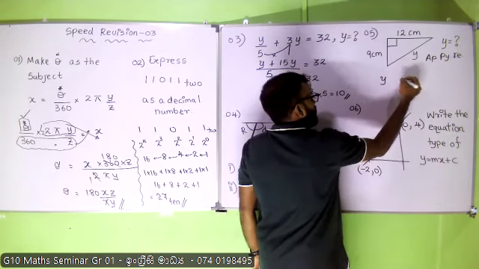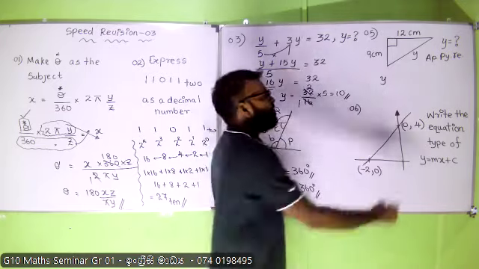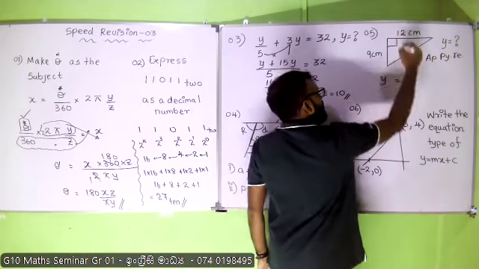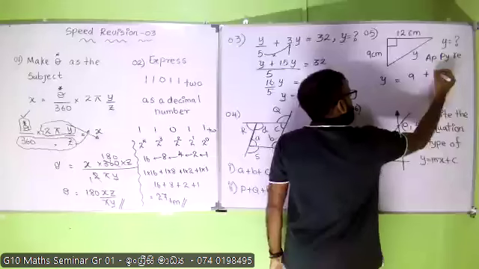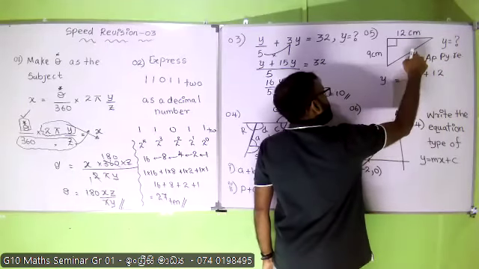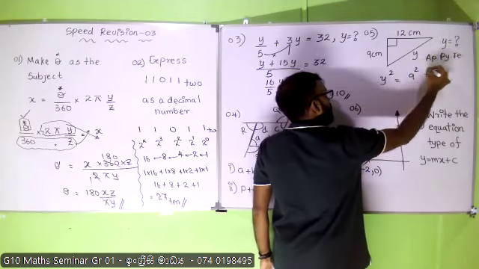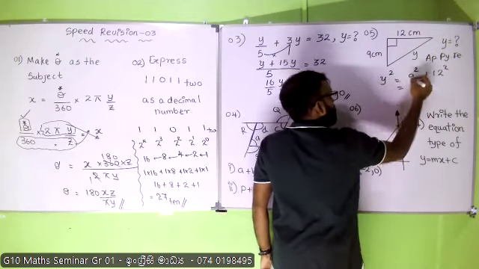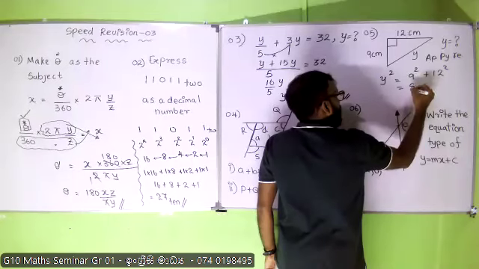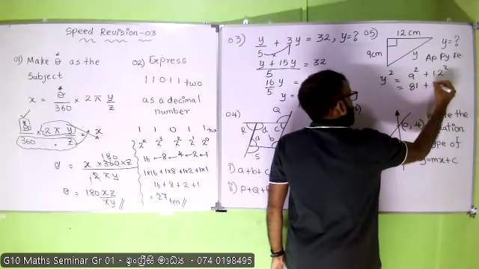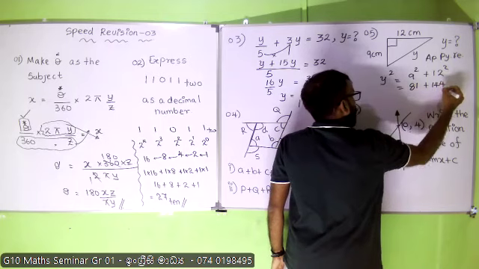y squared. So easily this is the way. y squared equals 9 squared plus 12 squared, hypotenuse. Equals 9 to the power 2, 81, plus 144.